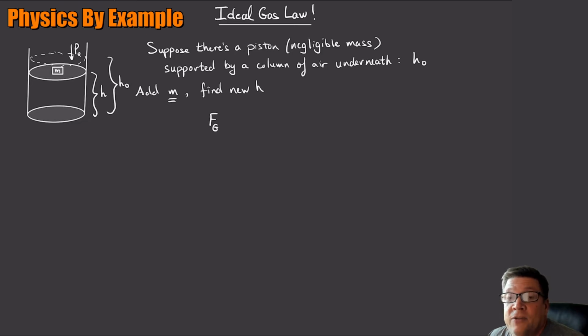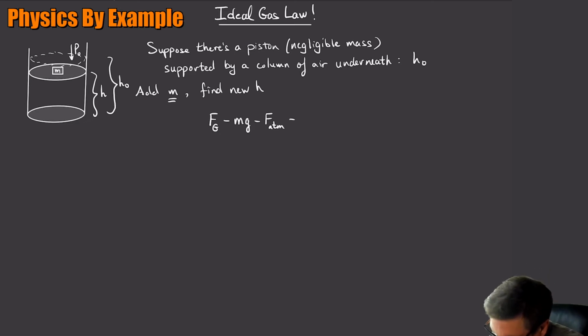And then what's going down is just going to be mg, the weight of the mass that we put on there. And also, there's going to be the atmospheric pressure, right? That's also pushing down. Okay, so those are the forces.